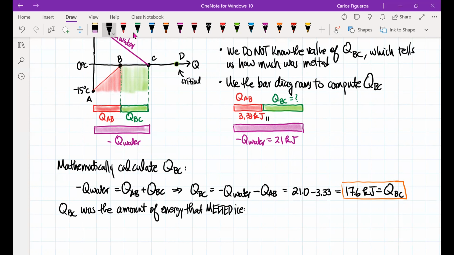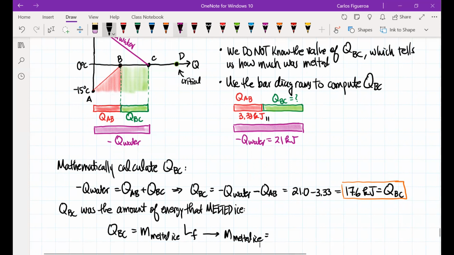So when I write this out, that means that QBC is equal to the mass of the melted ice times the latent heat of fusion, which then tells me that I can now solve for the mass of the melted ice, which will then be QBC over the latent heat of fusion.